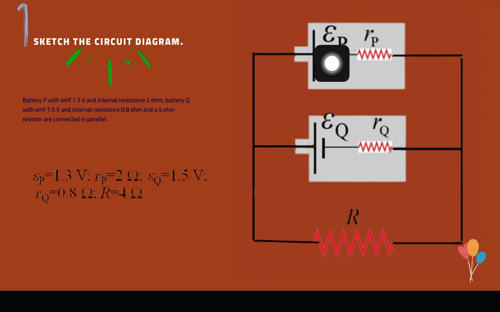We have EMF P with internal resistance RP, connected in parallel with EMF Q with internal resistance RQ, and lastly it is connected in parallel with resistor R. Okay, is it okay class?